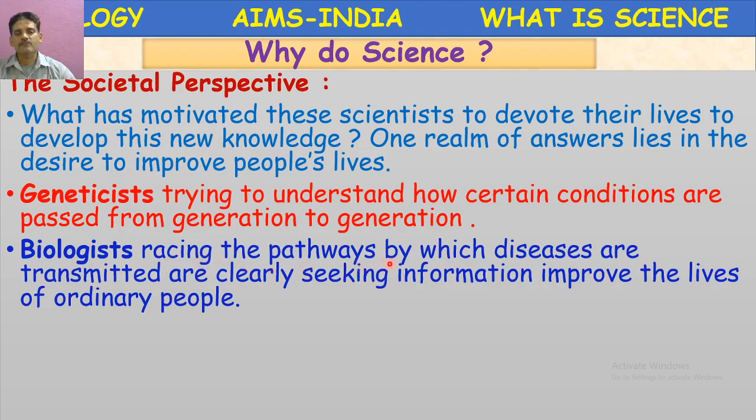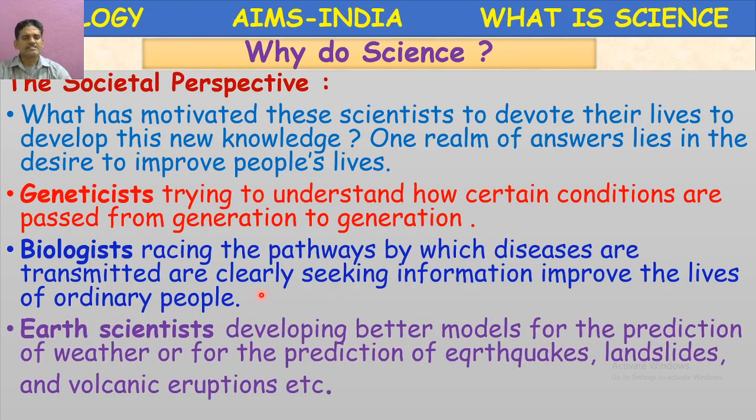Biologists tracing the pathways by which diseases are transmitted are clearly seeking information to improve the lives of ordinary people. Every scientist works for society, for the welfare of fellow people, to improve the lives of the people.